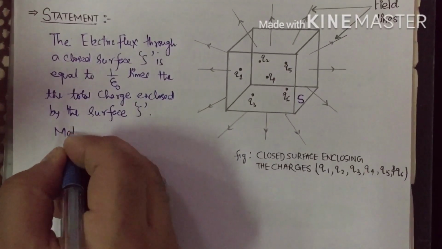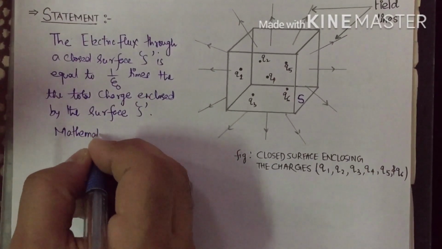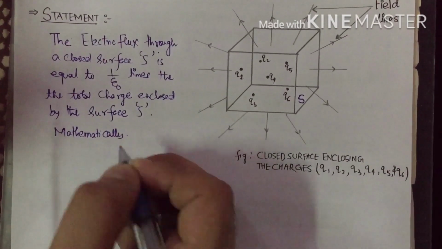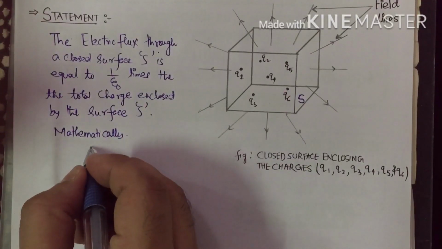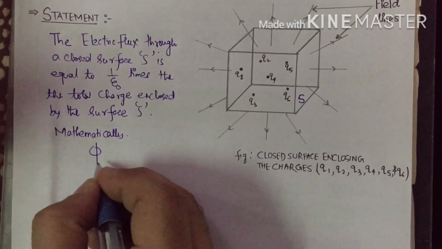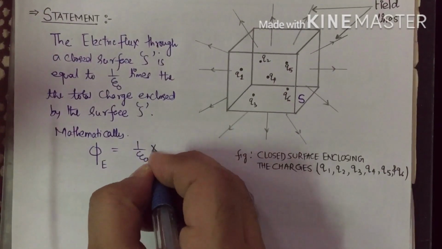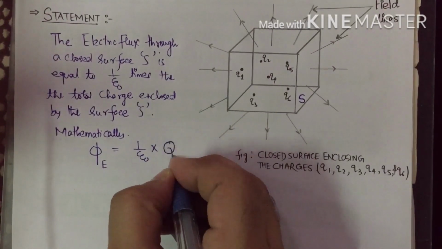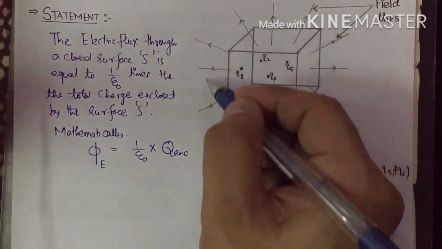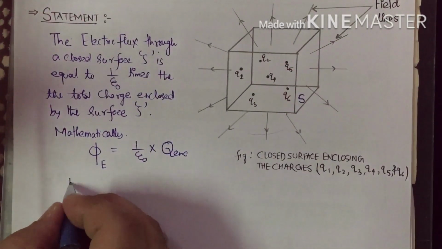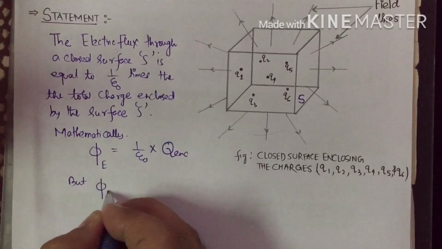Mathematically we can write the electric flux through a closed surface, phi E, is equal to 1 by epsilon naught times the total charge enclosed by this surface. But what is phi E?